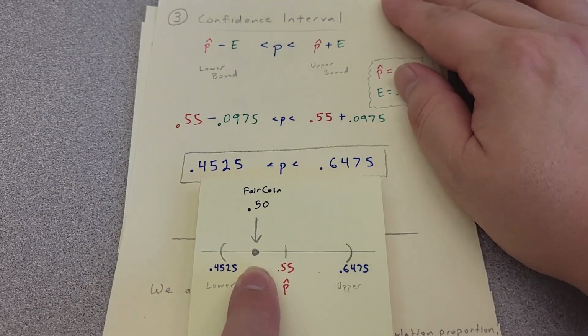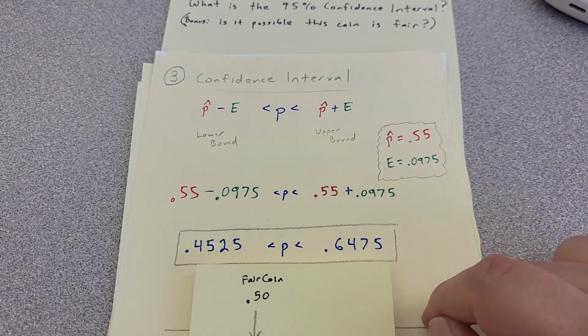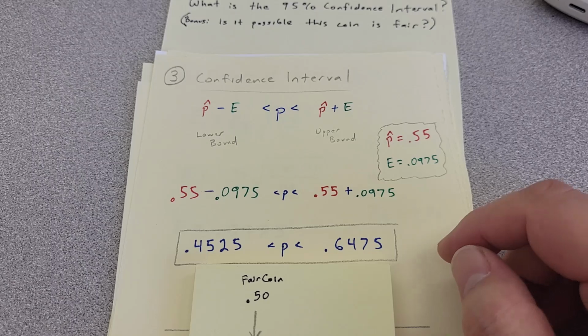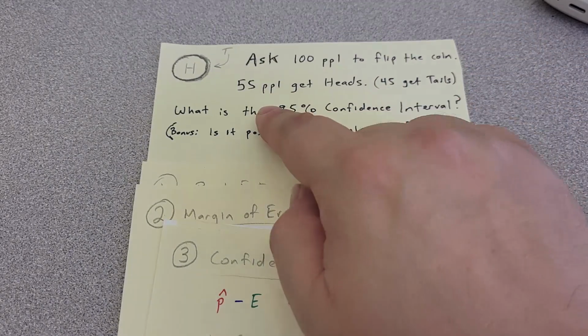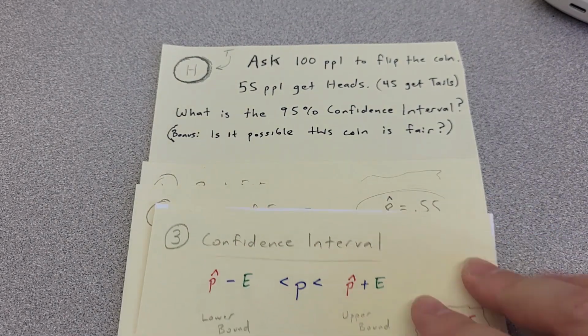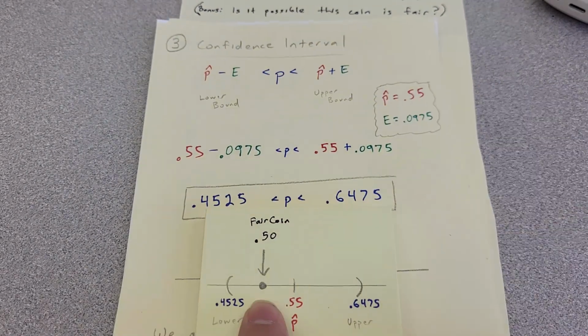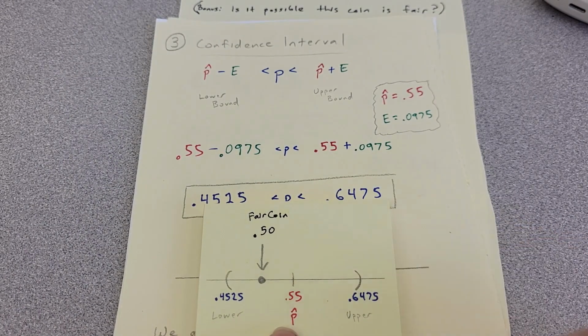Therefore, absolutely, it is possible that this coin that we did is a fair coin, even though we didn't get exactly 50 heads. We got 55 heads. But it is still possible, given this interval, that the proportion of the coin is 50-50.